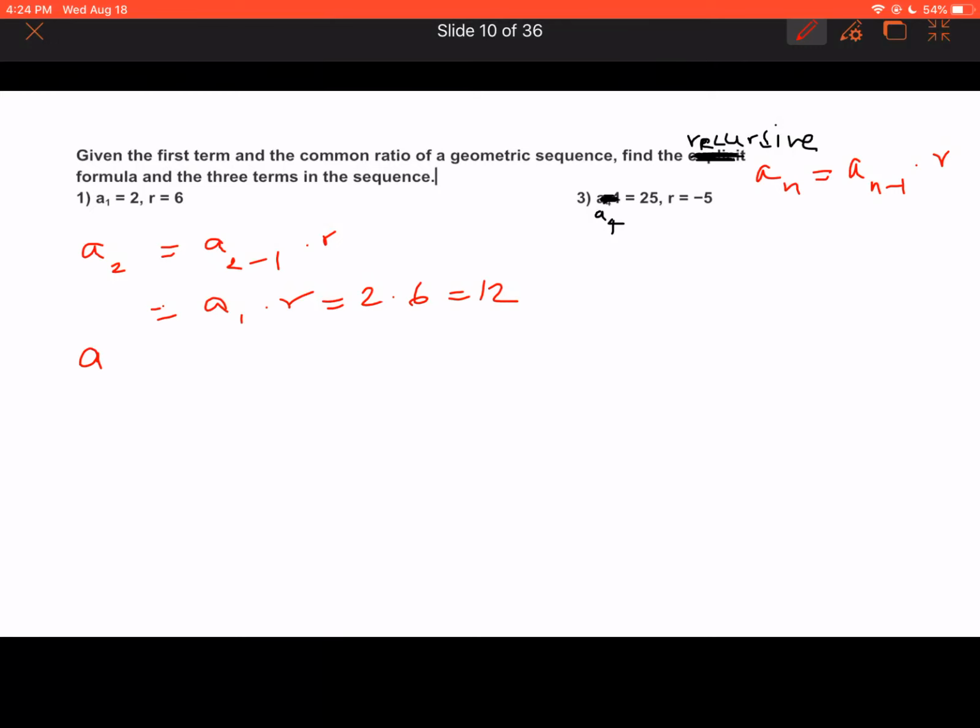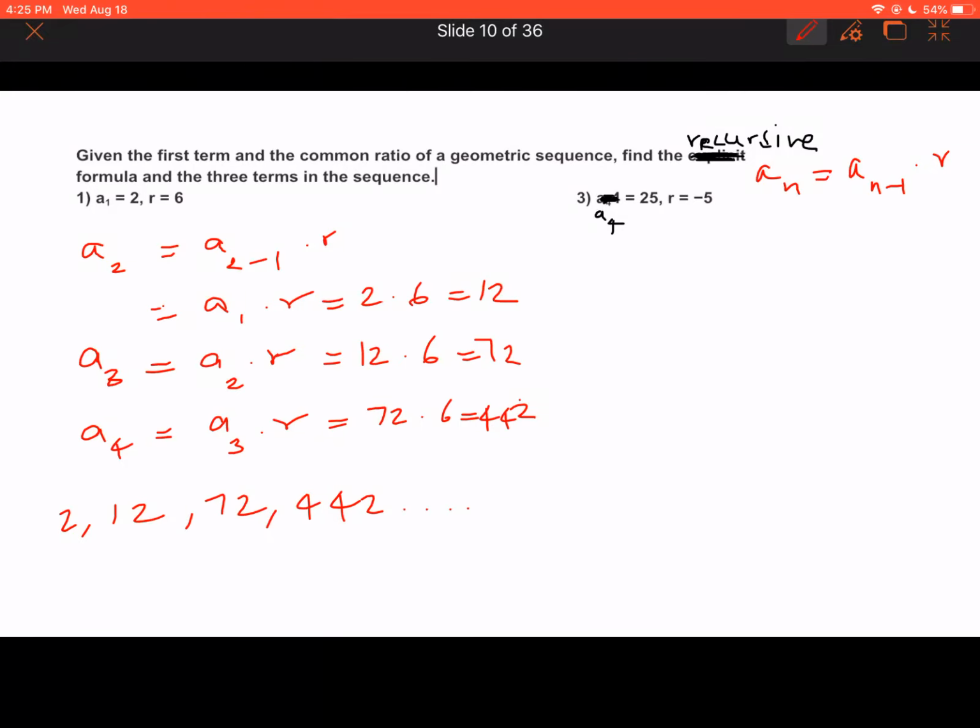So a3 equals a2 times r, which is 12 times 6, 72. a4 equals a3 times r, which is 72 times 6, which is going to be 432. So these are the next 3 terms after the given number.